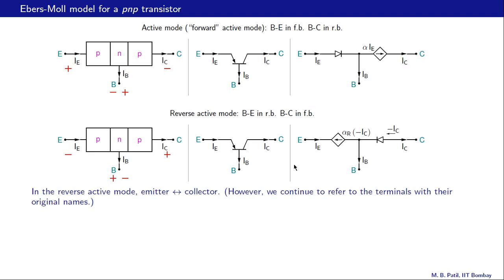And note that we have continued to use the same terminal names, so collector here, although this terminal is now acting as an emitter, because that is under forward bias.